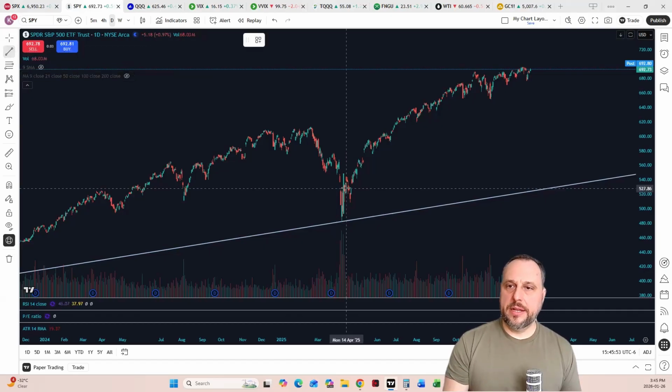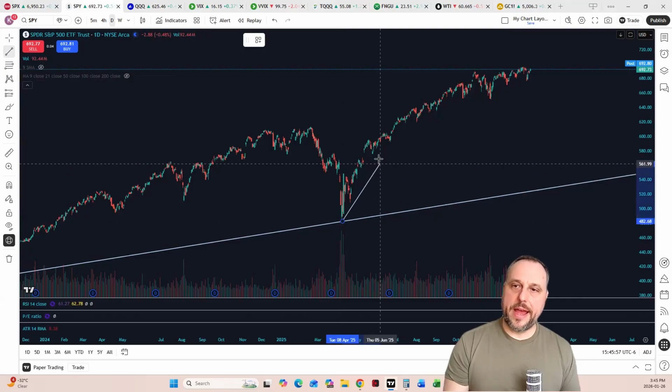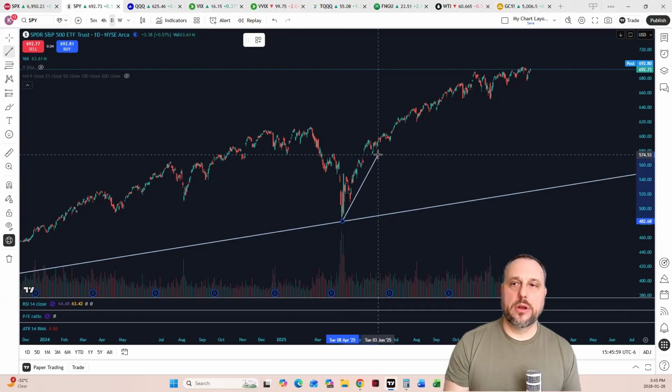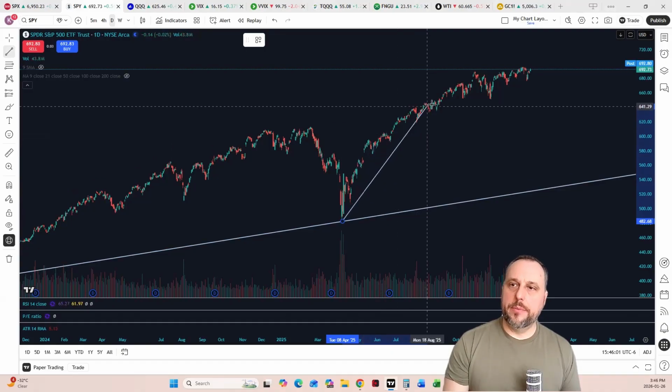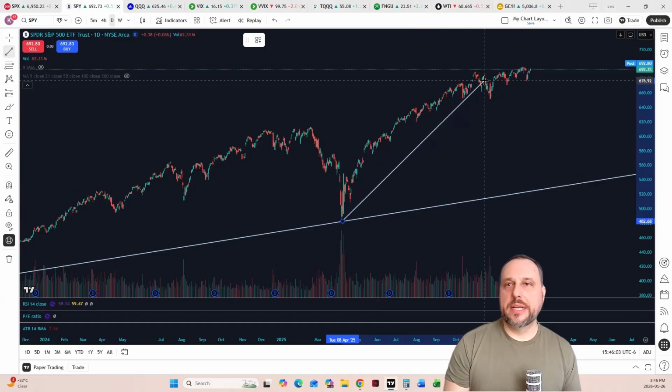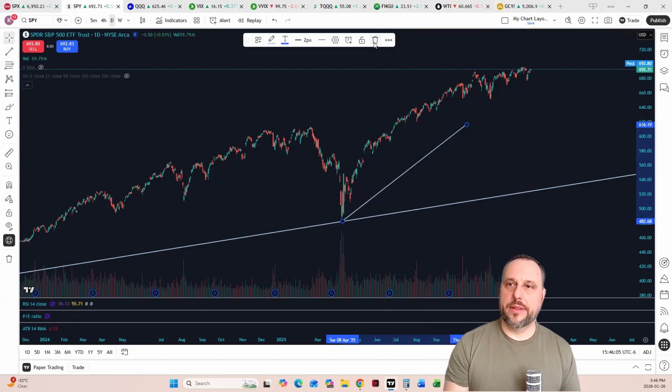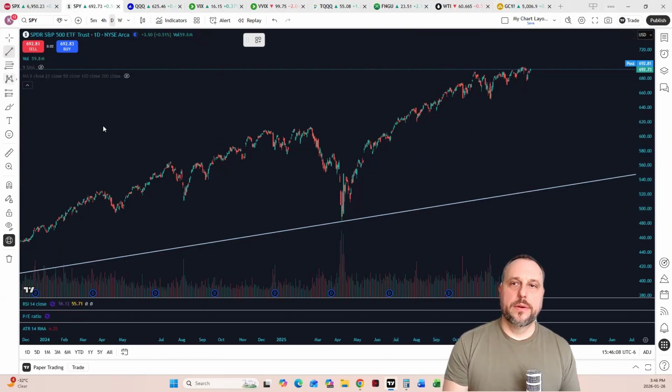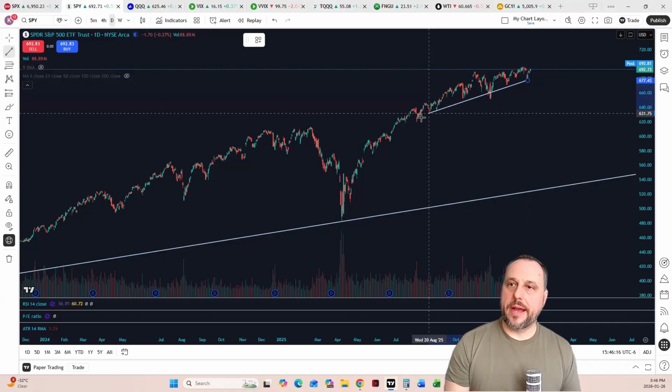Click on the trend line. What we would normally try to do is try to draw from that point right there where it meets the longer term trend. But you can see here, like that's really not going to work out very well. So let's get rid of that. What I like to do in this situation is I like to start here at the most recent bottom and just pull back.